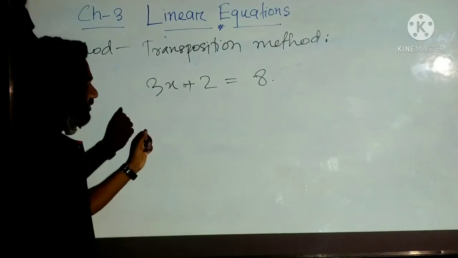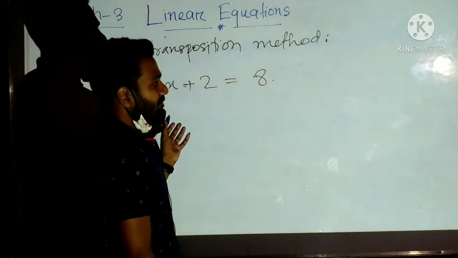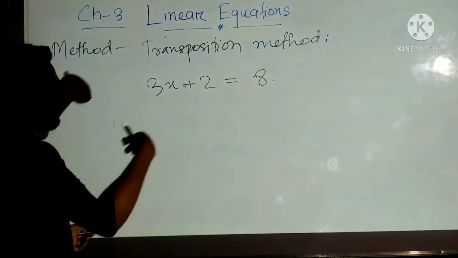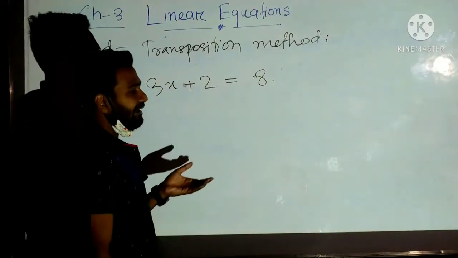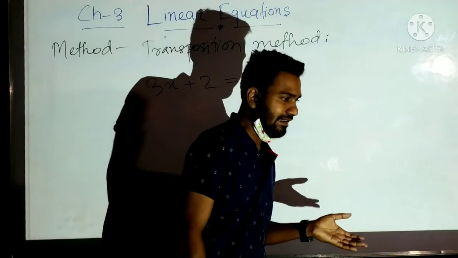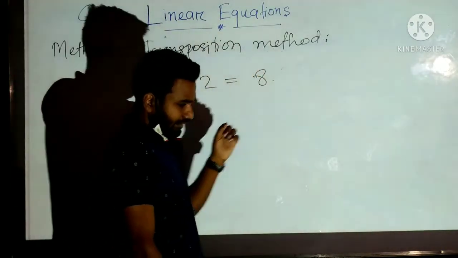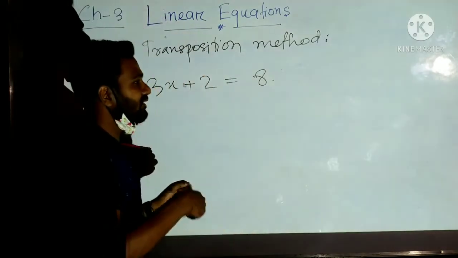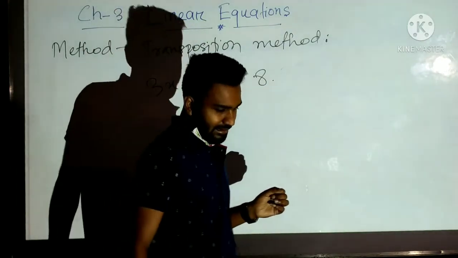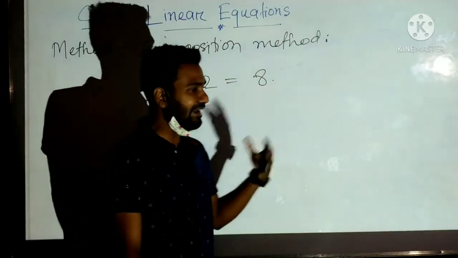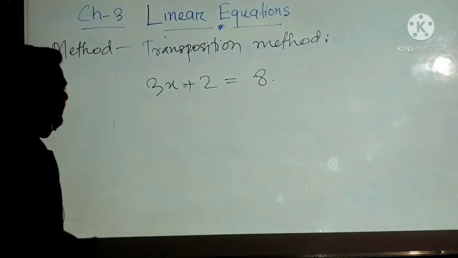If any constant is multiplied with variable, then if we transpose that constant, it will get divided in the right hand side. If any constant is in divide form with the variable, then if we transpose that constant, it will get multiplied in the right hand side.